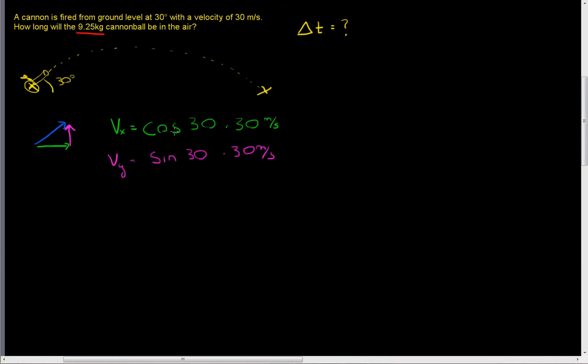We know that the velocity will remain constant as well. However, in the y component, we know that the acceleration is negative g.